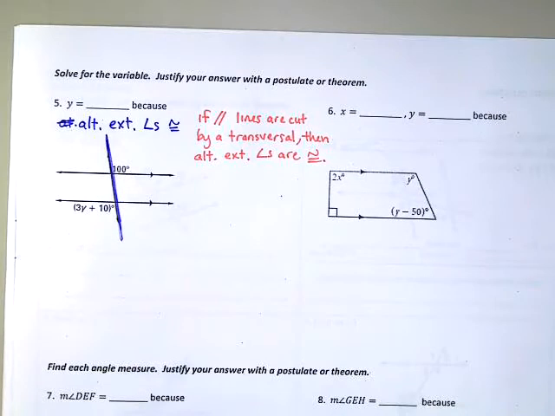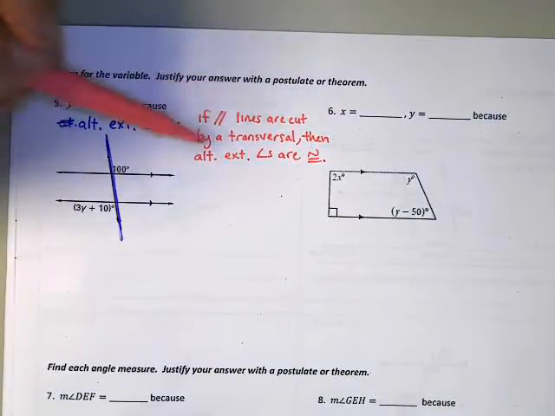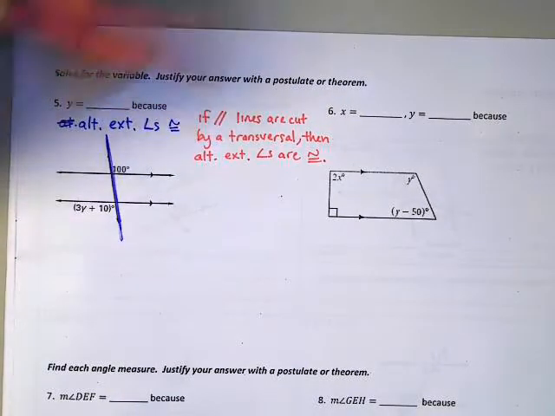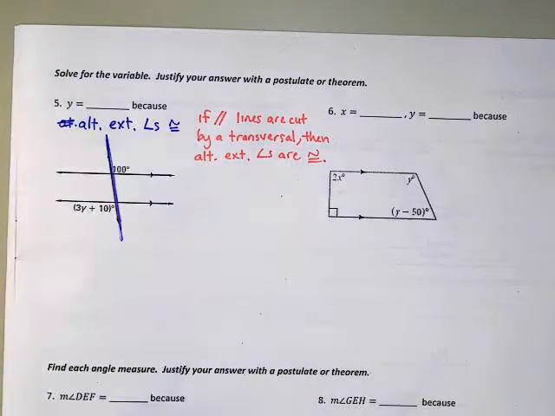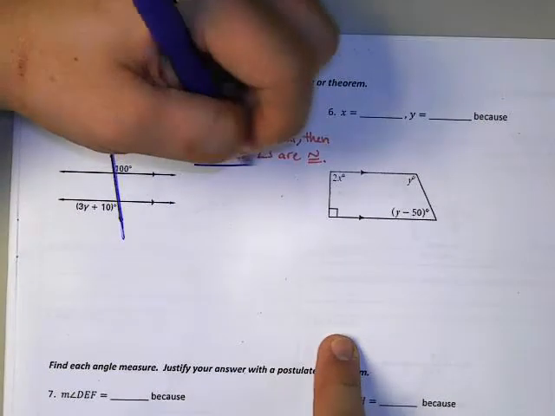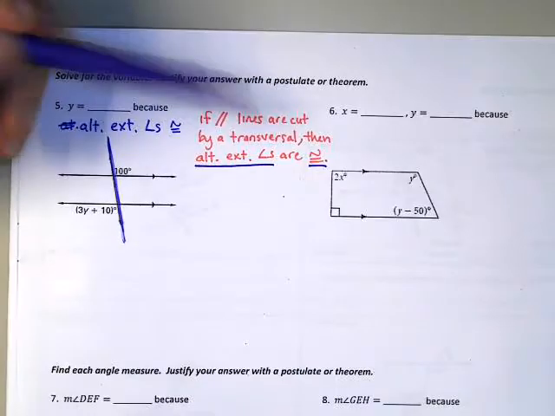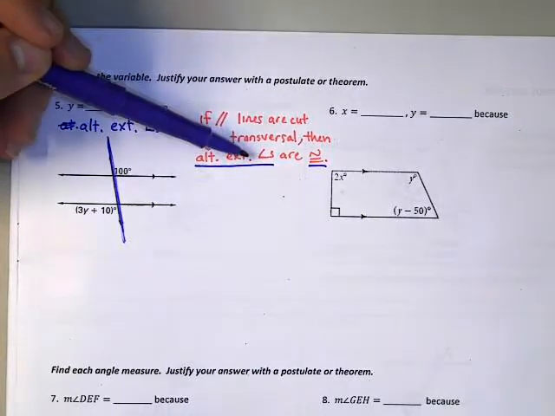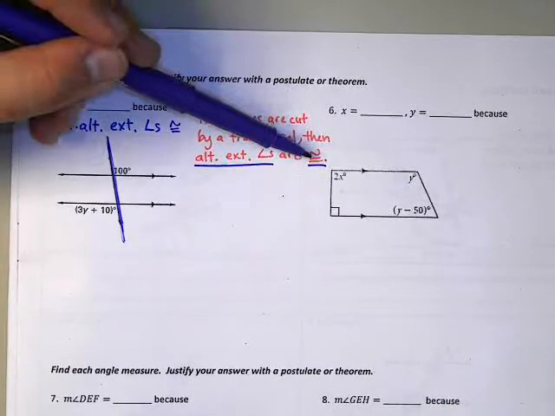Okay? So the if parallel lines are cut by a transversal, that's going to be standard. Every single time that's going to be there. The part that's going to change is right here. You have to identify the angle pair, and then you have to identify congruent or supplementary.